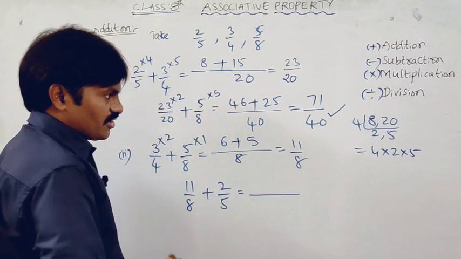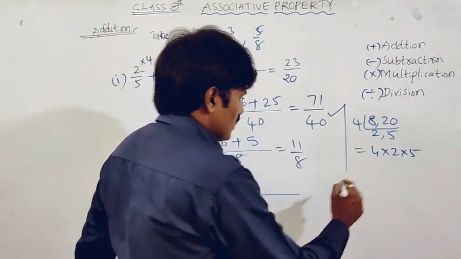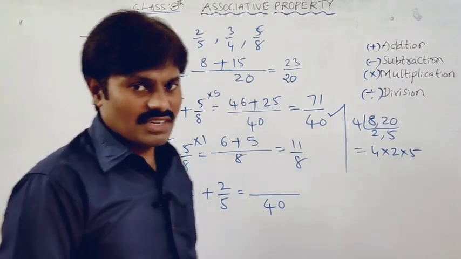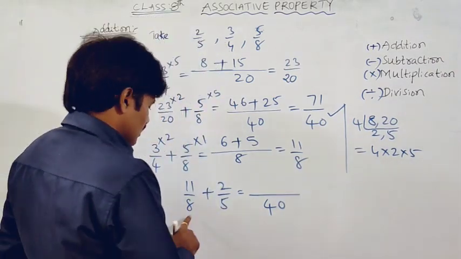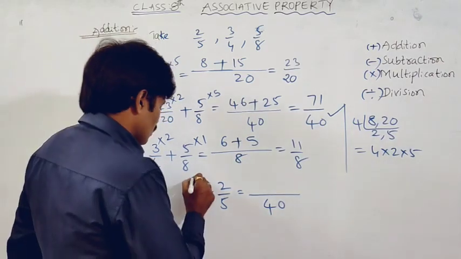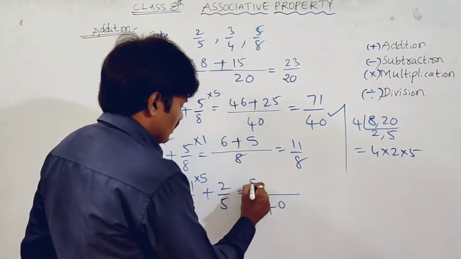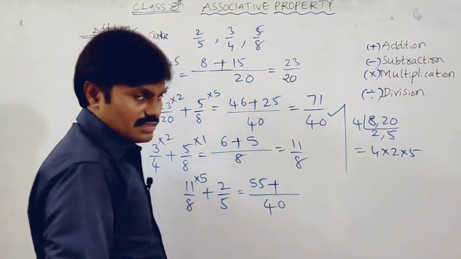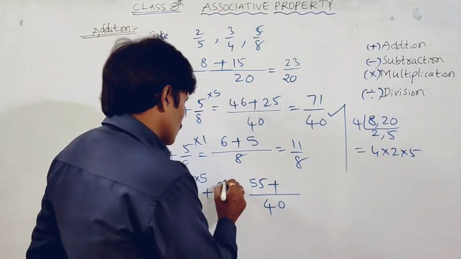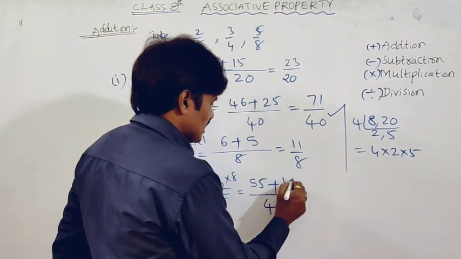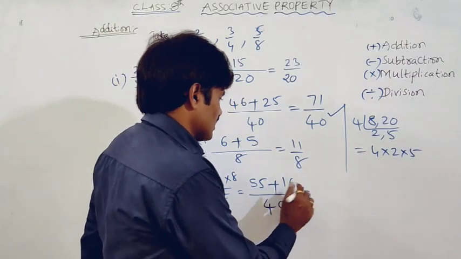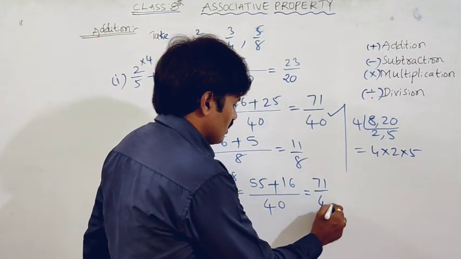The LCM of 8 and 5, with no common factor, is their product, 8 fives are 40. Now 8 divides 40 five times, so 11 into 5 is 55, plus 5 divides 40 eight times, so 2 into 8 is 16. The sum is 55 plus 16, which gives 71/40.